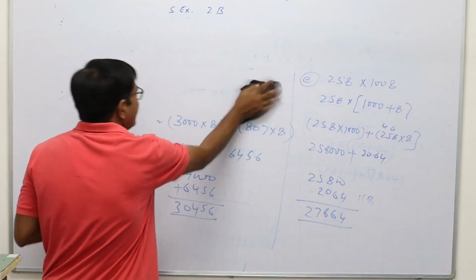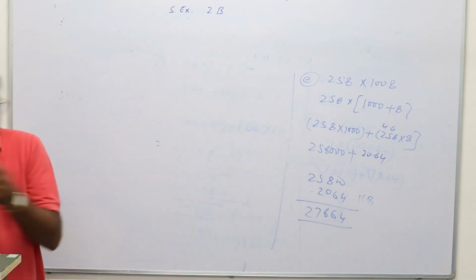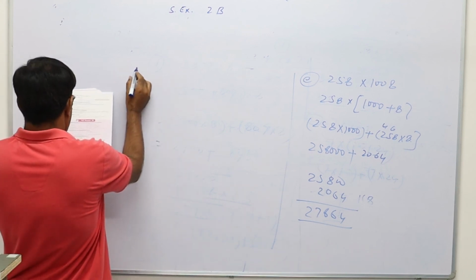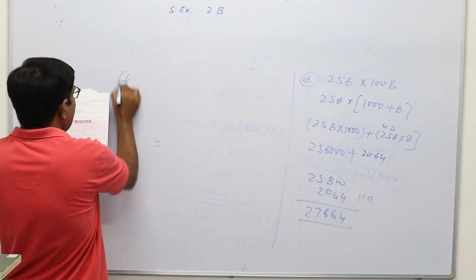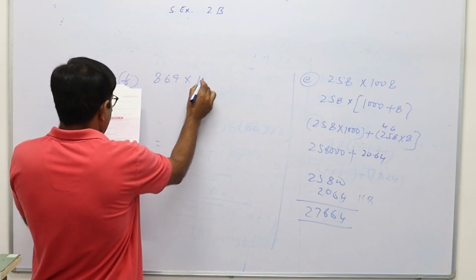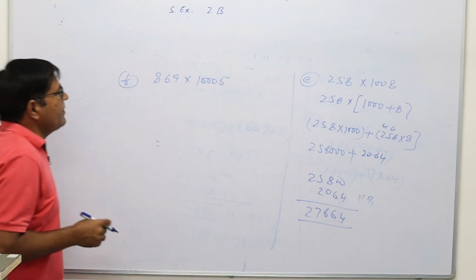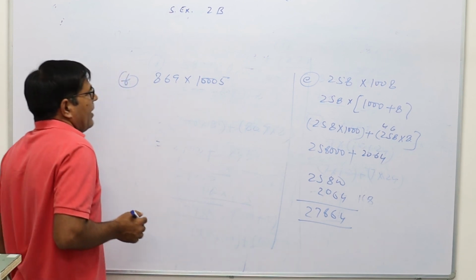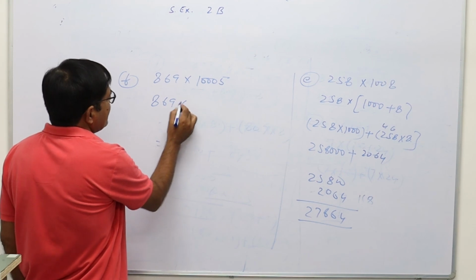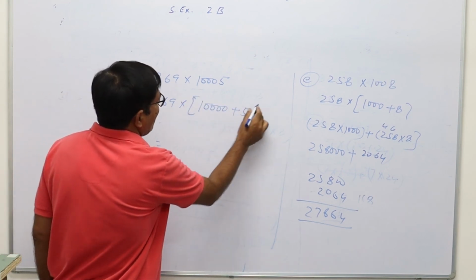Now last question is 869 multiplied by 10,005. So again we will use multiplication is distributive over addition. 869 as it is multiplied by 10,000 plus 5.